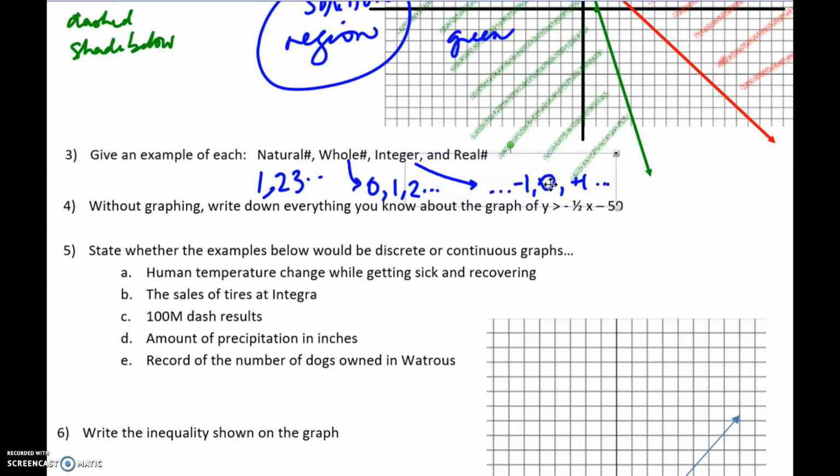Real include everything between those, like all the decimals between there. So, it's hard to write that all out, but even -1.2, -1.1, -1.0, all the way up to positive infinity. So all decimals, all fractions, etc. All right, everything we know about this graph, you're good at this.